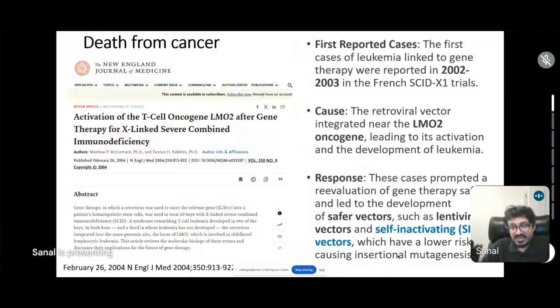That is good, because once you are infected with that virus, which carries the gene of interest or the corrected gene, that gene stays with you for your life. That is good. What is bad? You cannot always predict where the gene is going to integrate. Sometimes the gene may integrate at a wrong place.